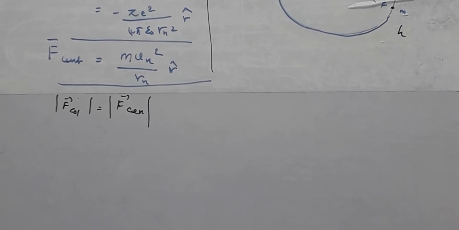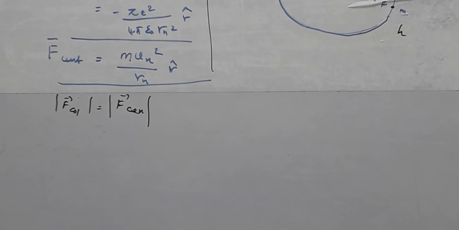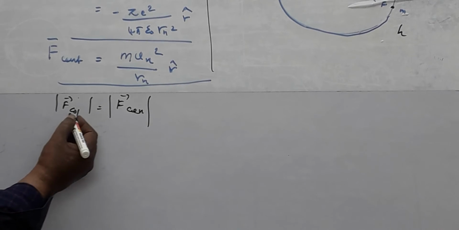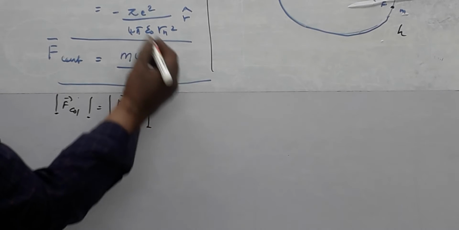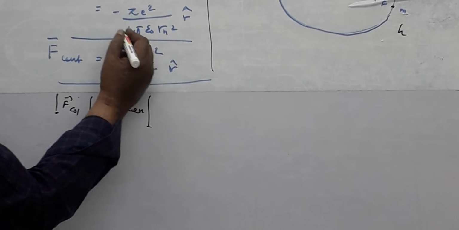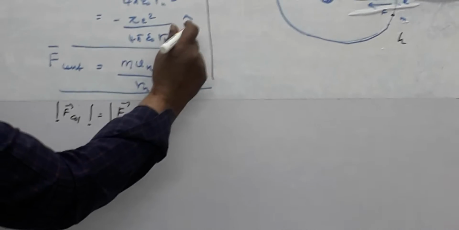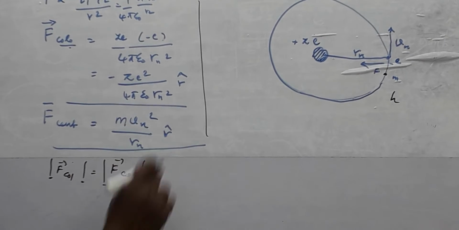Both are equal only in magnitude, so we substitute only the magnitude, not the direction. We are not bothering about r cap or the minus sign.